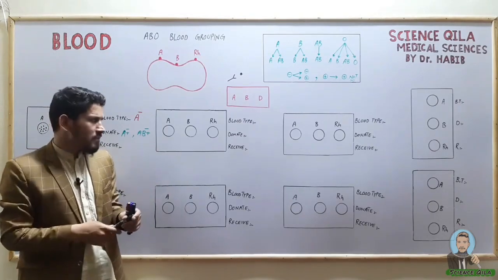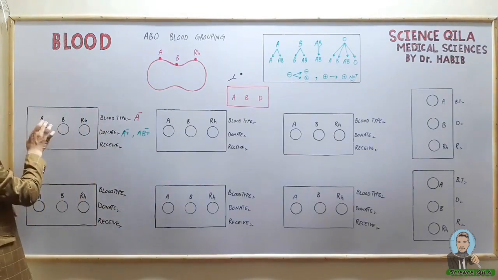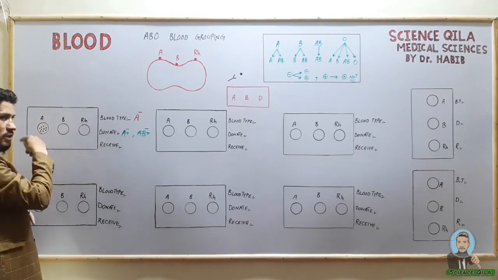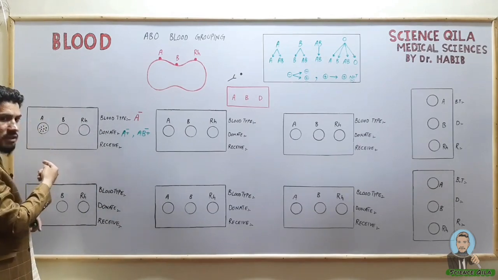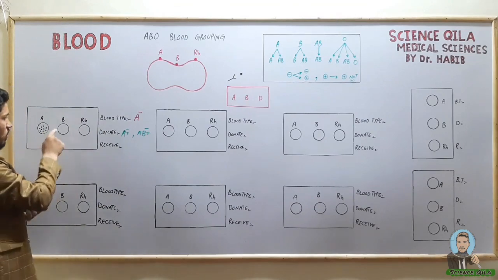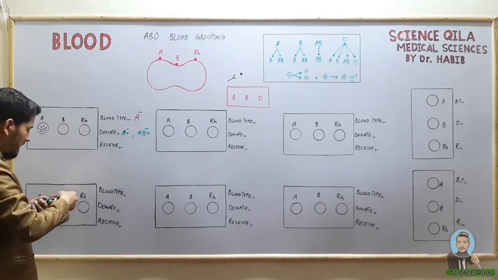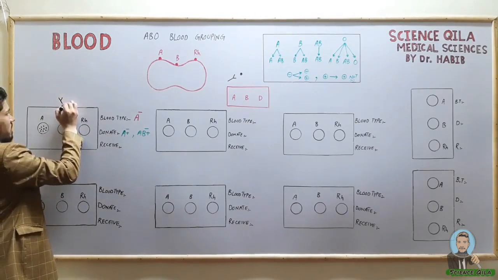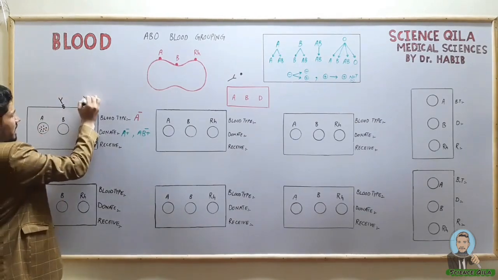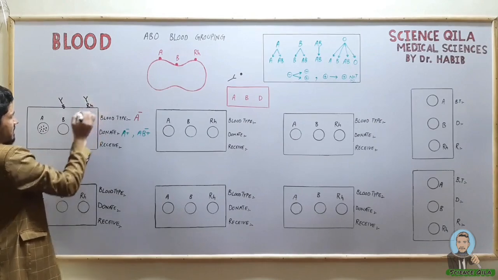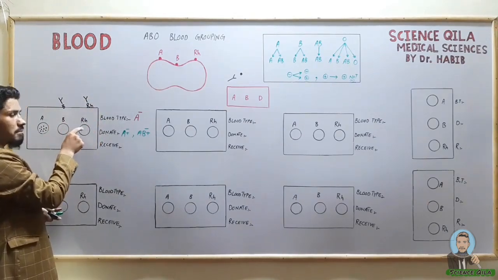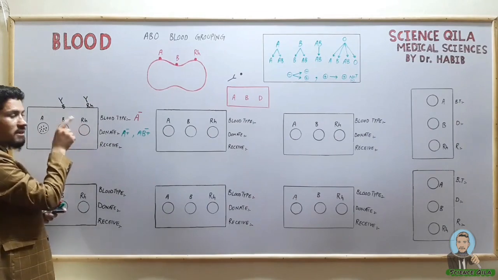So here, there is antigen A on the surface, so it will not have anti-A antibodies in the serum, while this person will develop Y-shaped antibodies against B and antibodies against RH. So it cannot receive blood from blood type B and from patients having positive blood.